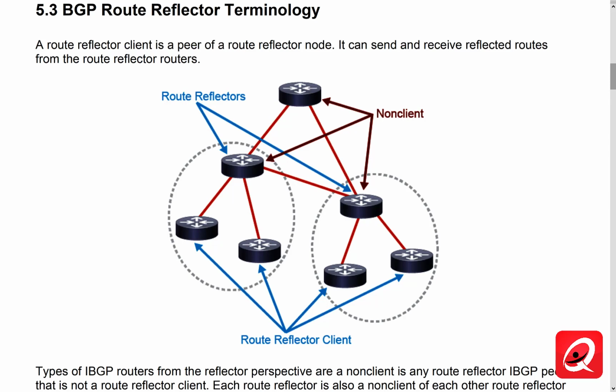Now, to configure a route reflector client on the route reflector, we have to specifically specify that client as part of our BGP configuration. We don't really talk about specific configurations in this class, but I will briefly mention what that configuration looks like.